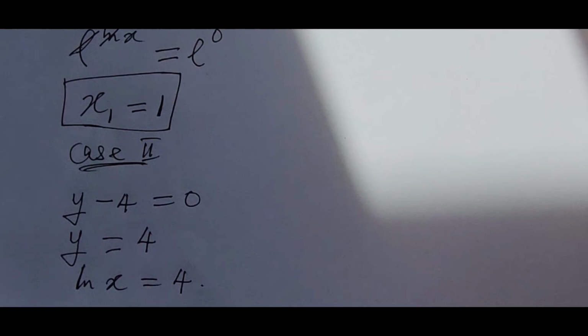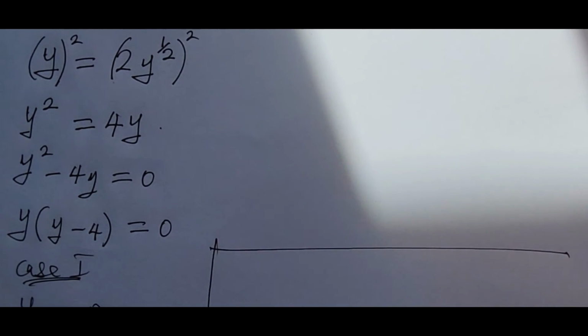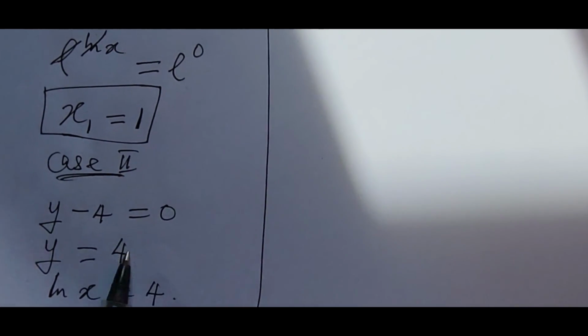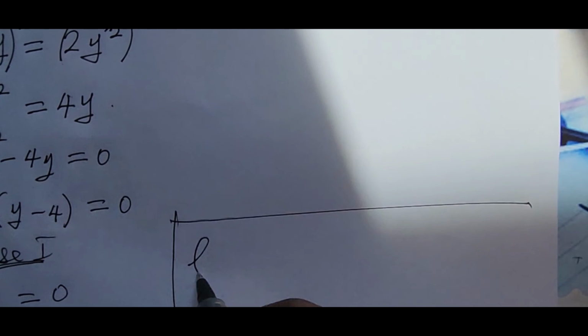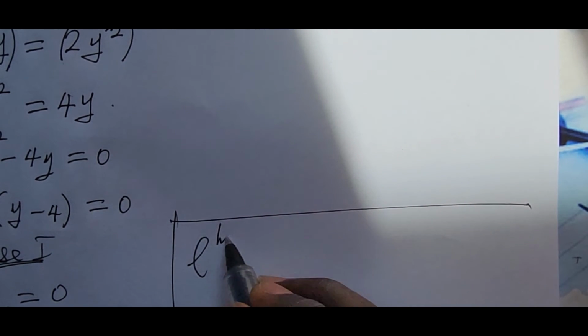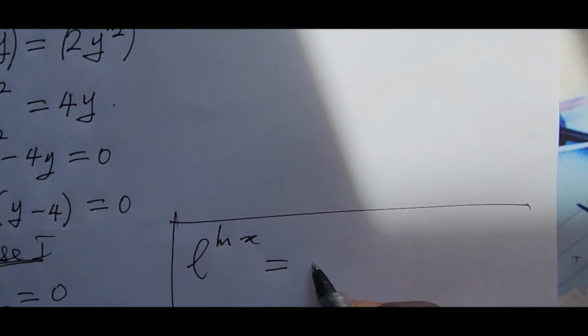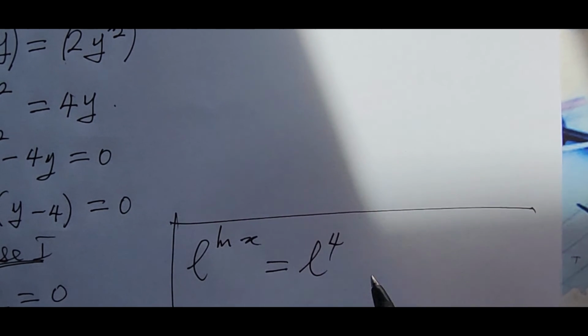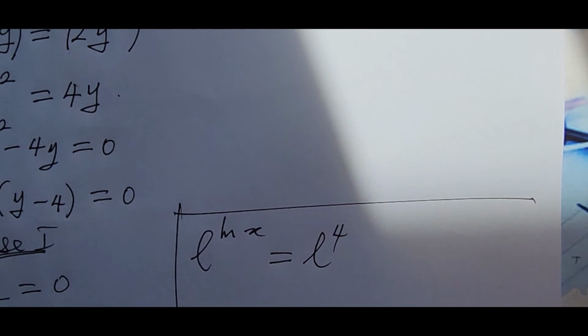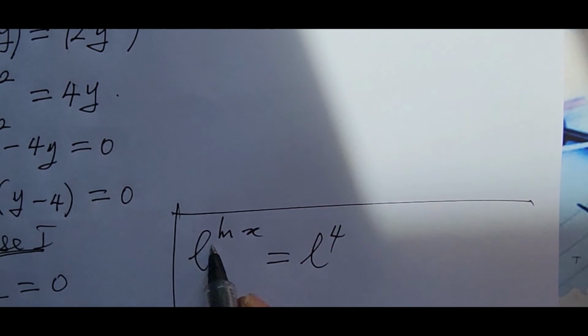So we have ln x is equal to 4. Again, we raise both sides of this equation to e. Rewriting this gives us e all raised to the power of ln of x is equal to e raised to the power of 4. So this will leave, and we now have x is equal to e to the power of 4.